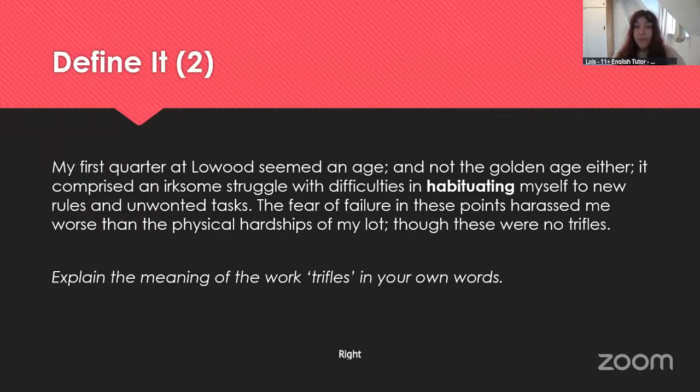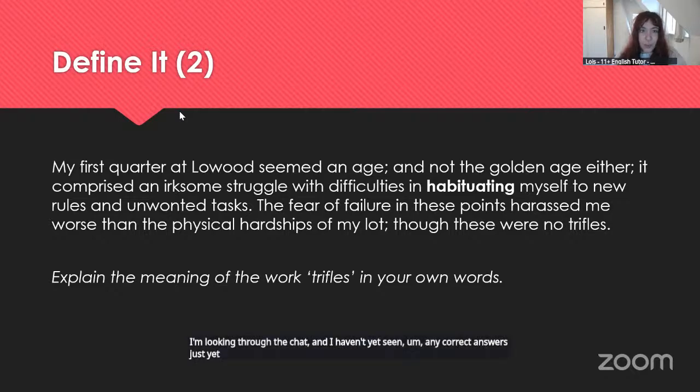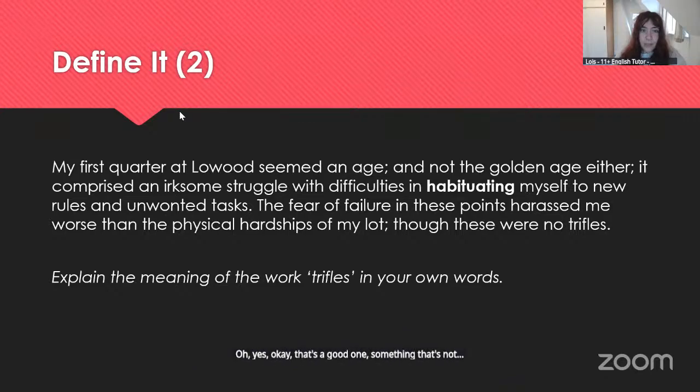Right, so trifles. I'm looking through the chat and I haven't yet seen any correct answers just yet. This is a tricky word, though. Oh, there's one. Oh, yes. Okay, that's a good one. I'm going to read some of these out in just a second. The word trifles is an interesting one because obviously trifles, like a trifle, is also a dessert, isn't it?